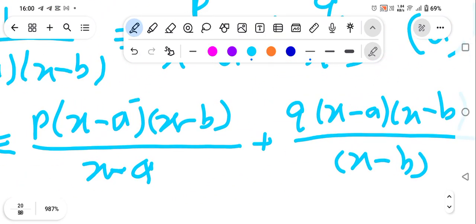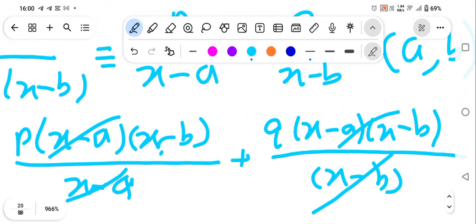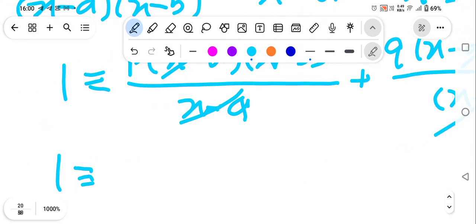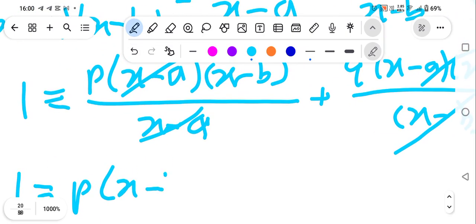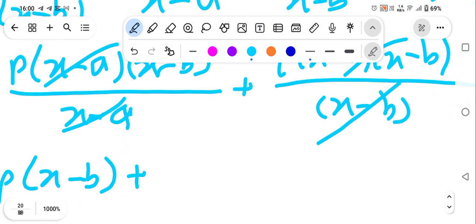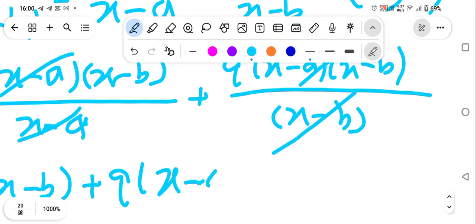And now this and that will cancel out, this and that will cancel out. So now 1 will be equal to p times x minus b plus q times x minus a.